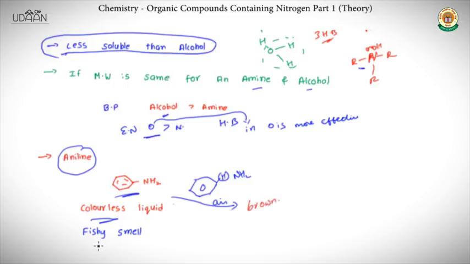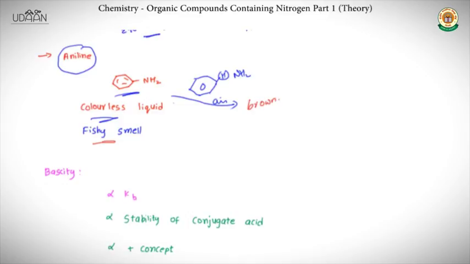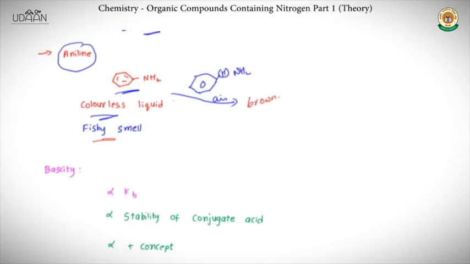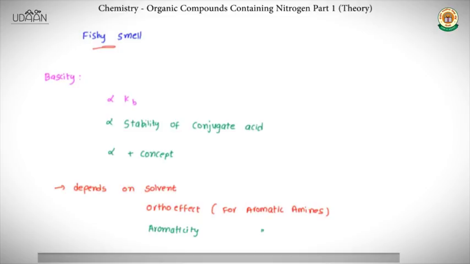Aniline gives you a fishy odor. You can remember that if in any question you are getting a fishy odor compound as a final product, then it can be aniline. Now, while talking about physical properties, the most important one is the basicity of amines.